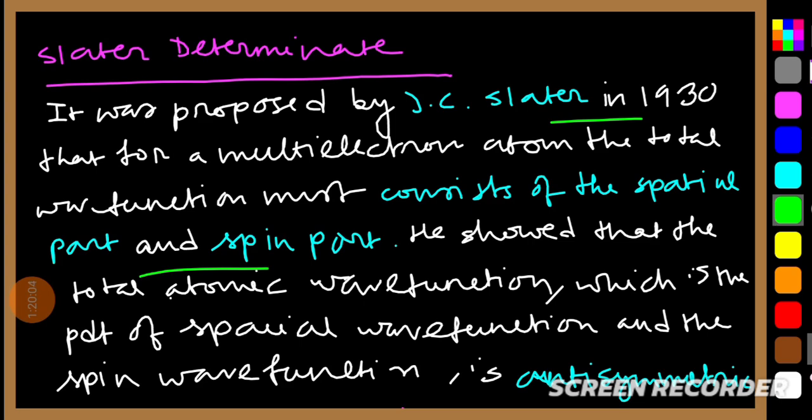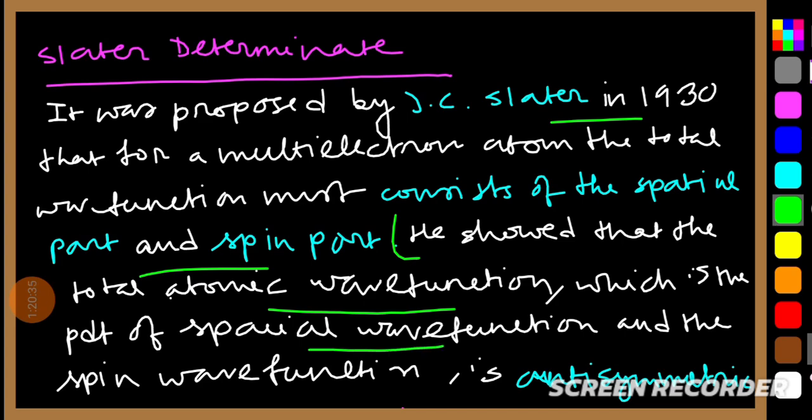So Slater also considered the same thing as the Hartree-Fock method, that the wave function depends on both the spin and the spatial part. So the scientist Slater, considering the Hartree-Fock method, says that yes, the wave function depends on both the spatial part and spin part.